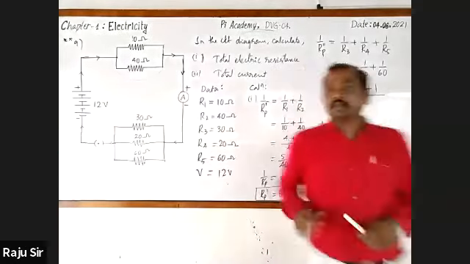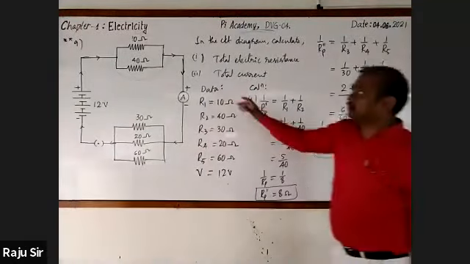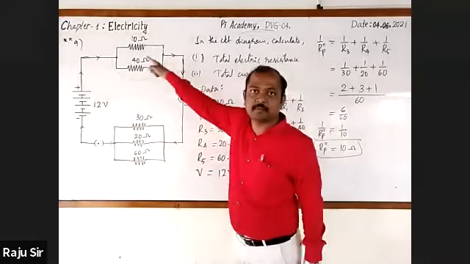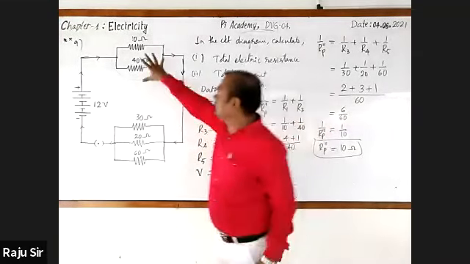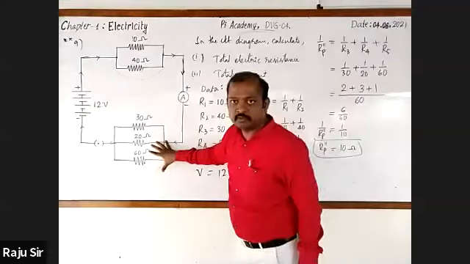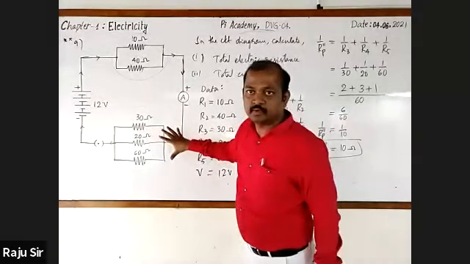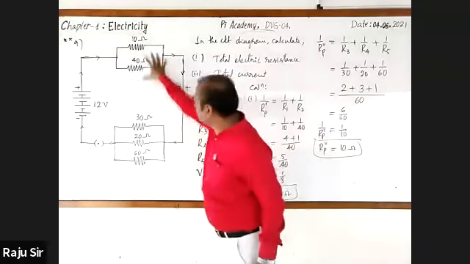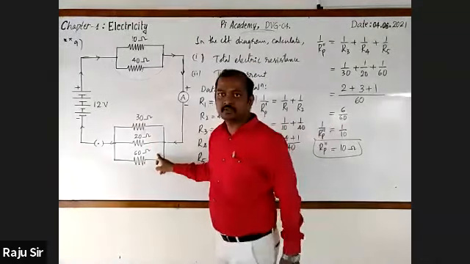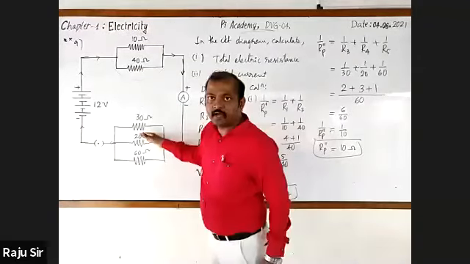Okay. Now, we have to find out the total electric resistance offered by this circuit, that is, this combination and this combination. As these two combinations are in series, let's go for adding.